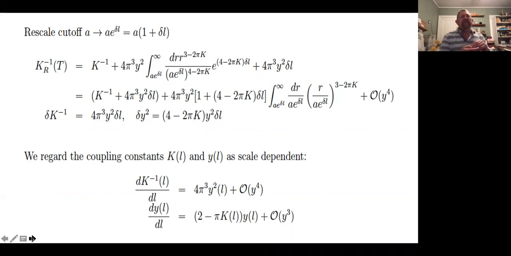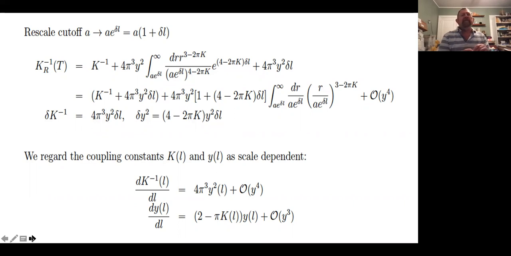Now, the idea is very simple. What we do is we say, okay, we'd like to formally change our smallest length scale, a, to a times e to the delta L, where delta L is a small change in the scaling parameter. And we want to write the integrand in terms of this new minimum length scale.